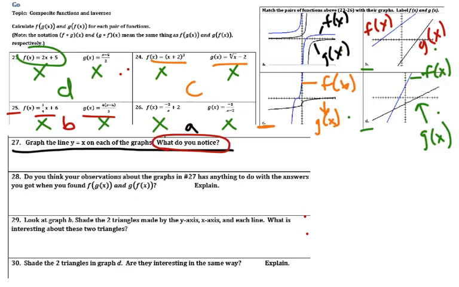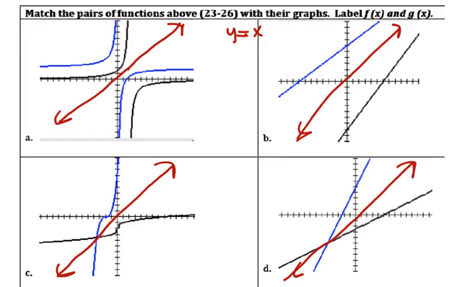What do you notice? Okay, and I'll give you a hint. Think transformations. Okay. What do you notice here? How the lines are looking. Okay, hopefully B and C are pretty apparent.